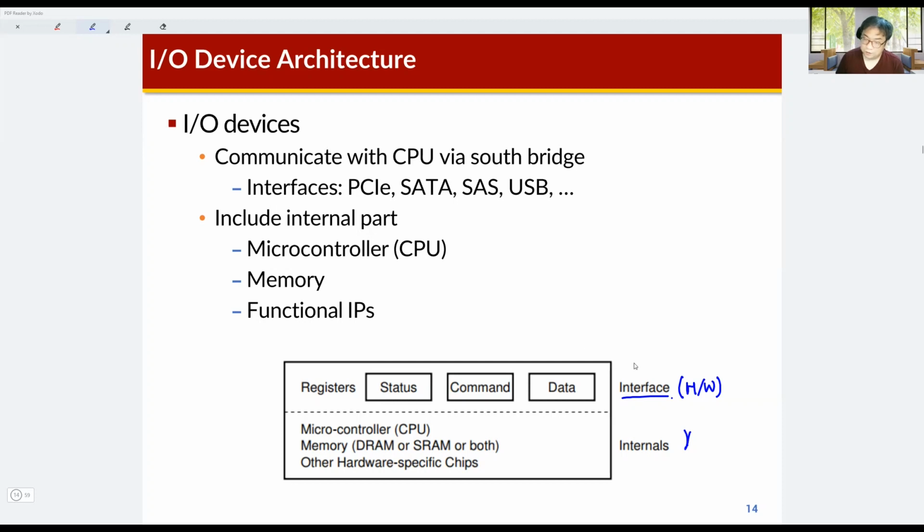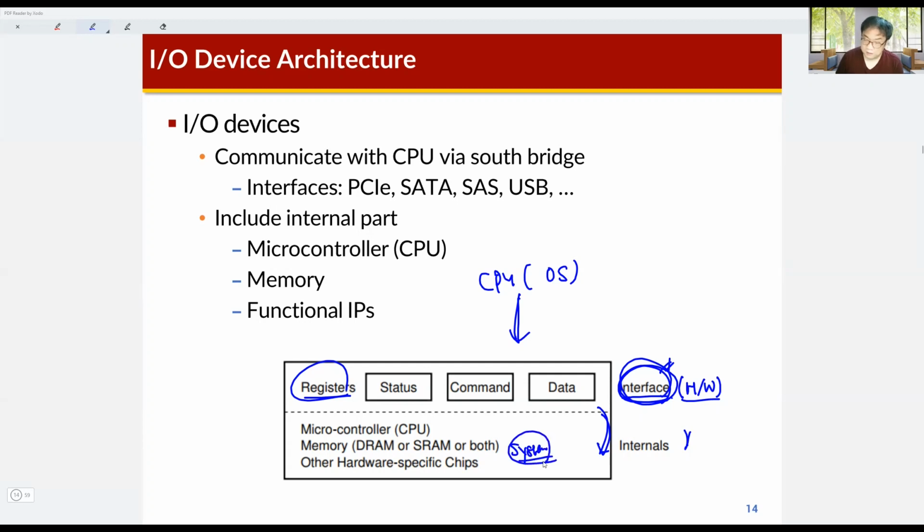These I/O devices are connected via this interface, and this interface has some registers. Through these registers, the CPU, meaning the operating system, can control the I/O devices. So this is called the interface part. And inside of this I/O device, there is also an independent system.